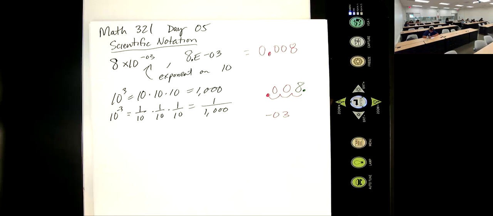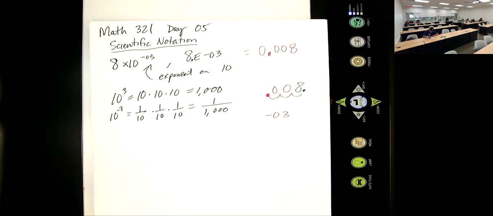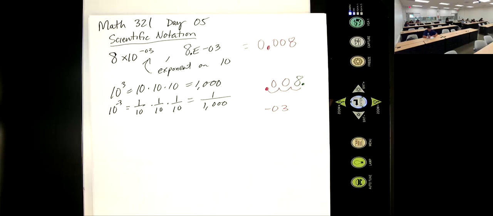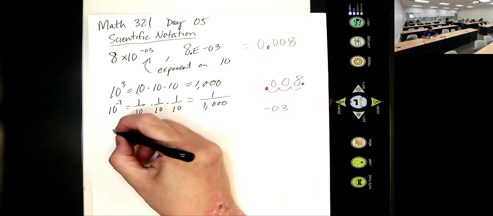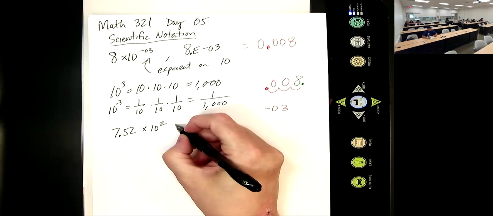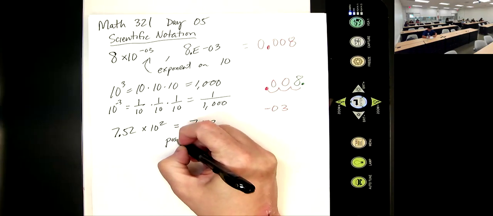Sometimes the calculator does it even for low values like this. They normally reserve it for when these numbers are pretty large and they can't put it on the calculator screen. But every once in a while, you see something like this. So if it's got something like 7.52 times 10 to the second, a positive exponent moves it right.